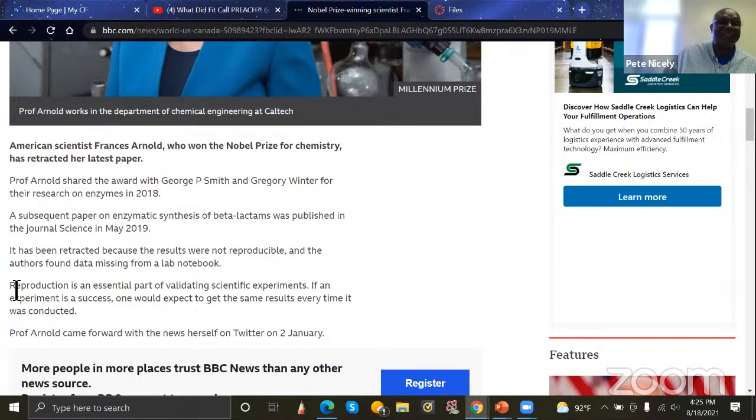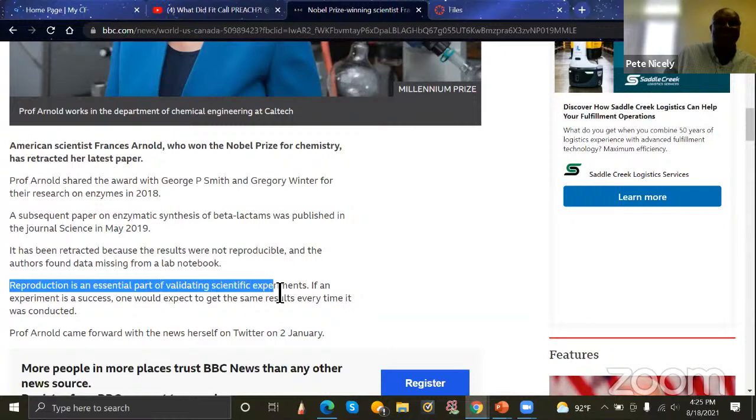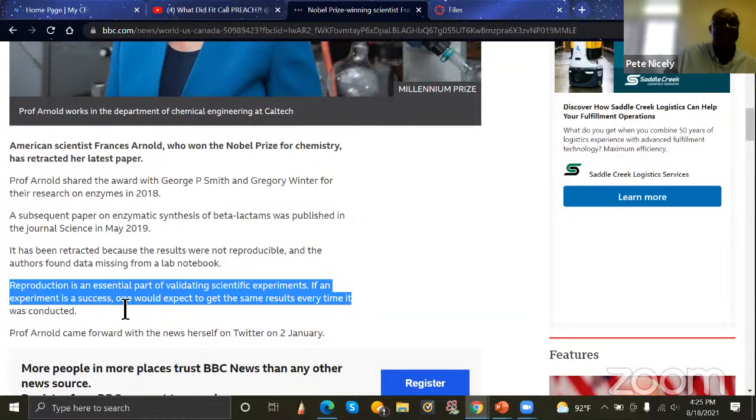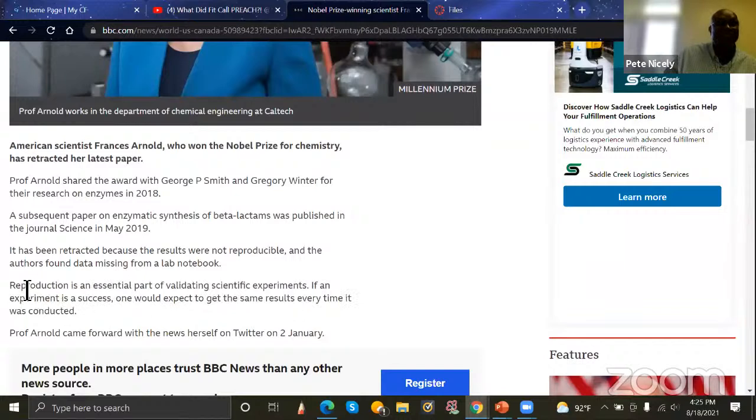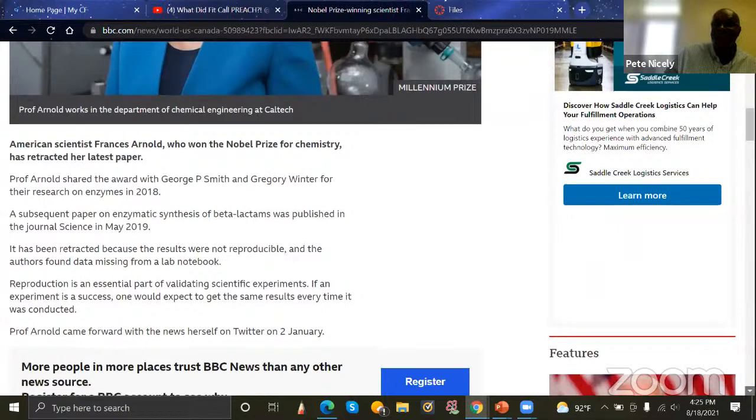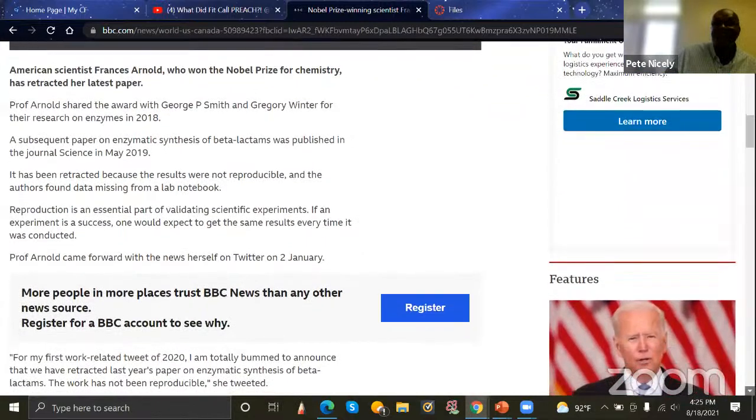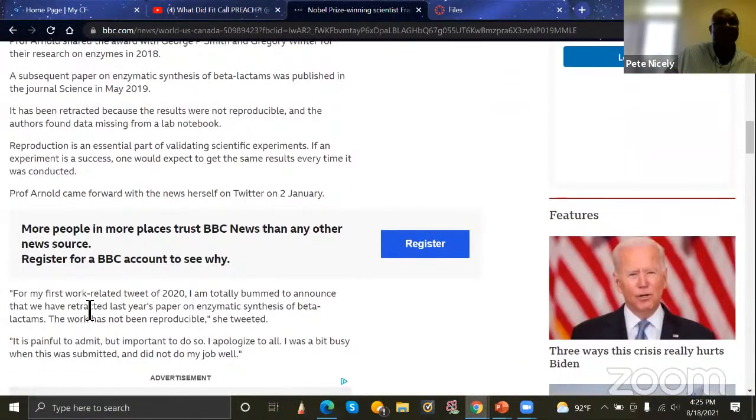And here's a key sentence in this particular article: Reproduction is an essential part of validating experimental or scientific experiments. If an experiment is a success, one would expect to get the same results every time it is conducted. So basically, if you cannot reproduce the results, people will start asking questions as to why it is not reproducible, all right?